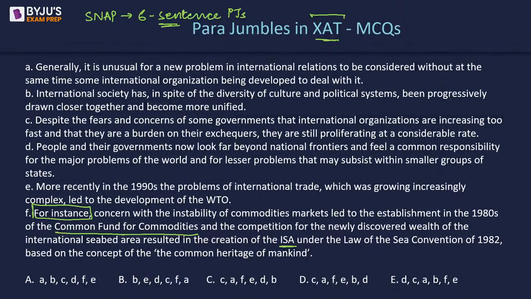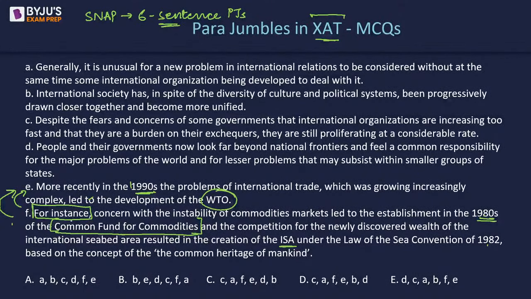So I'm naming organizations: this problem led to the establishment of this organization, problem Y led to another organization. Then in E I say more recently in the 1990s. See, I told you dates can help us. 1980s, 1982. More recently in the 1990s, the problems of international trade, which was growing increasingly complex, led to the development of the WTO. So F and E is a clear cut pair.